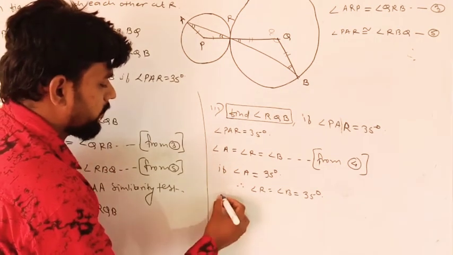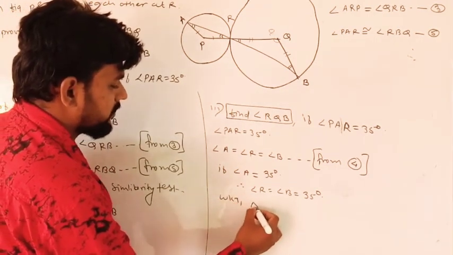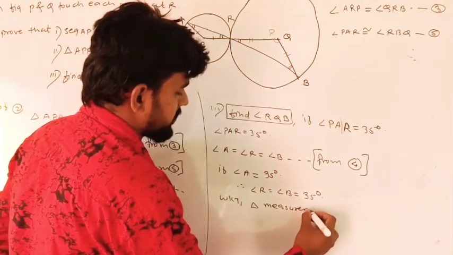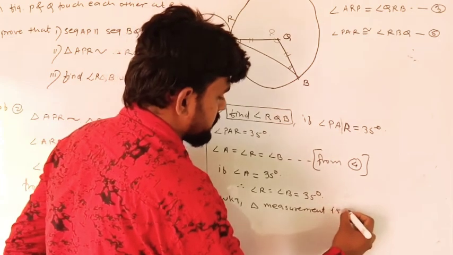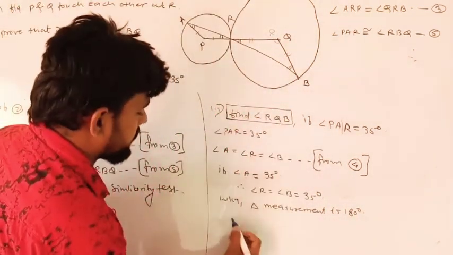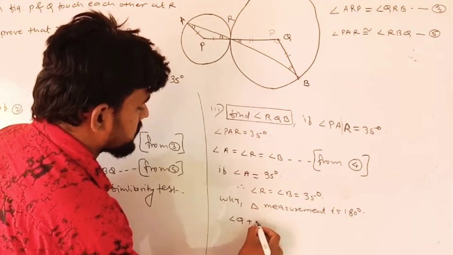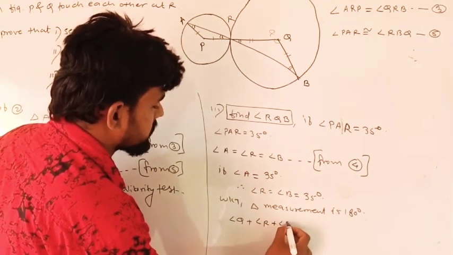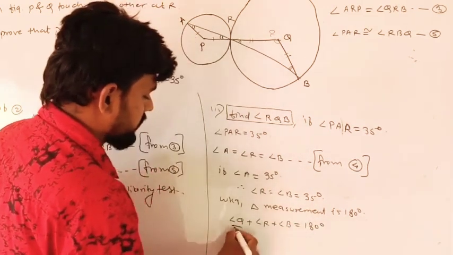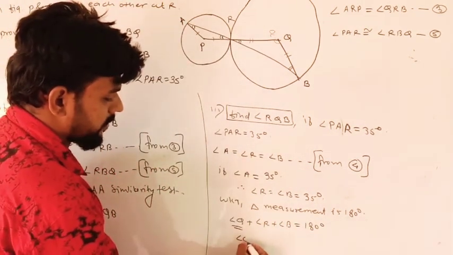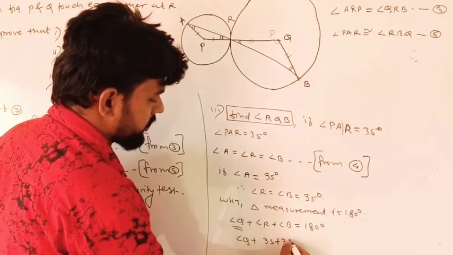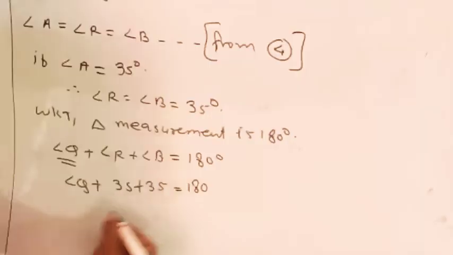We know that the sum of the angles of a triangle is 180 degrees. So we can say that angle Q plus angle R plus angle B is equal to 180 degrees. We are dealing with Q, so write down as it is: Q plus 35 plus 35 is equal to 180.